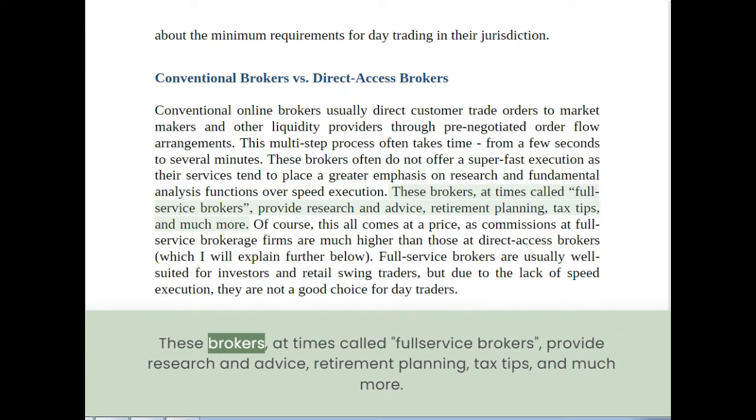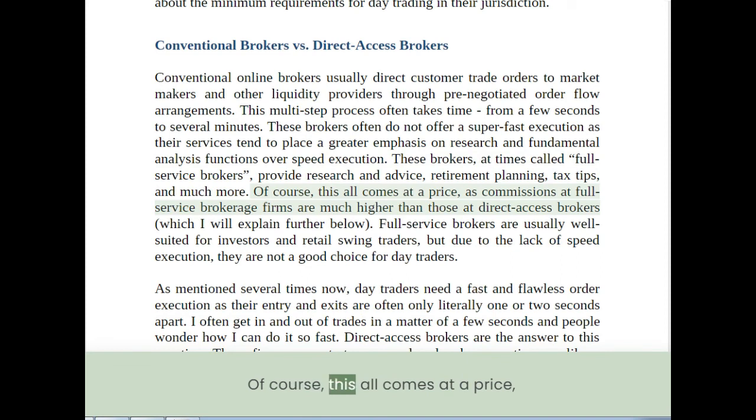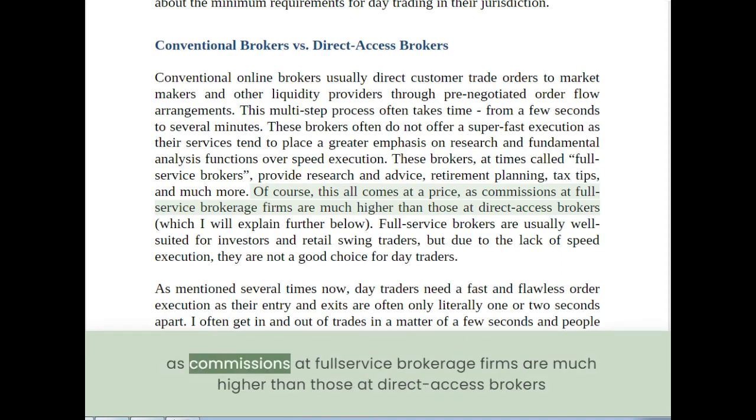These brokers, at times called full-service brokers, provide research and advice, retirement planning, tax tips, and much more. Of course, this all comes at a price, as commissions at full-service brokerage firms are much higher than those at direct access brokers.